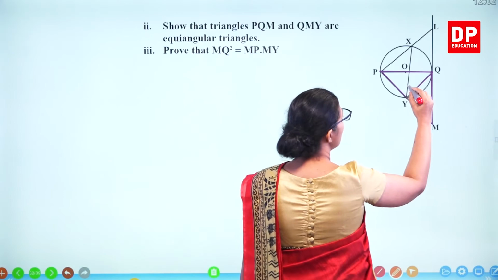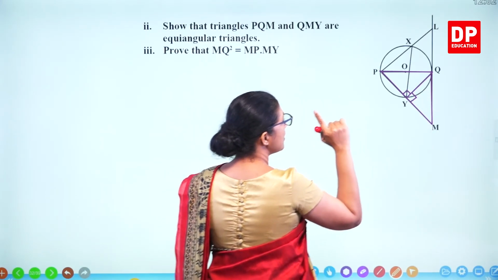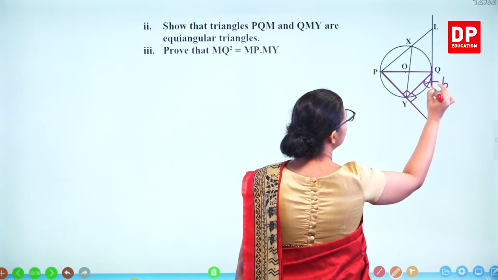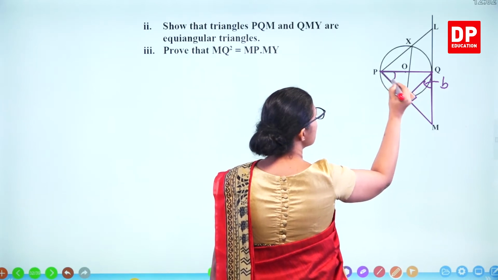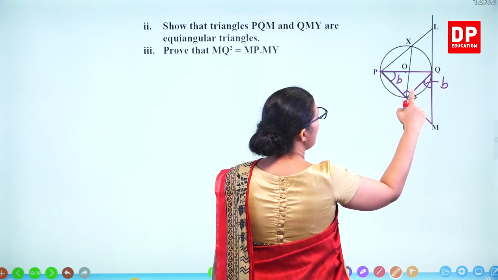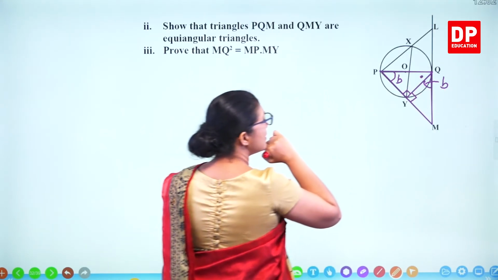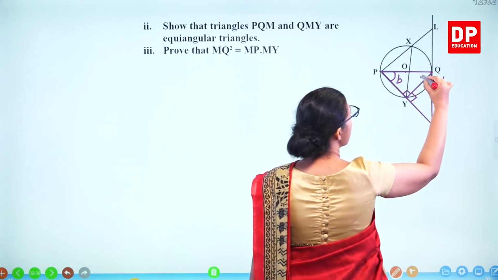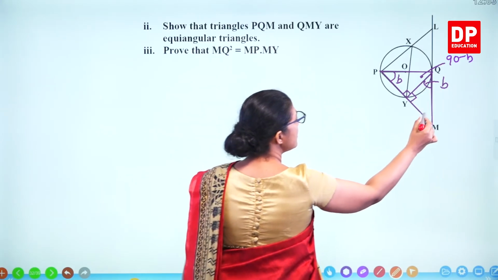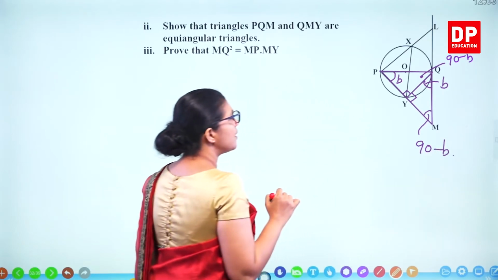Here we know that this is 90, this is 90. And we wrote before, this is B, and we found this is B. And this one becomes 90 minus B. And when you take this triangle, this is 90 minus B. So we can see angles are equal.